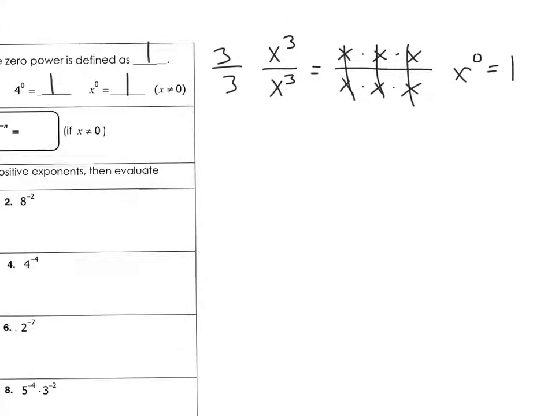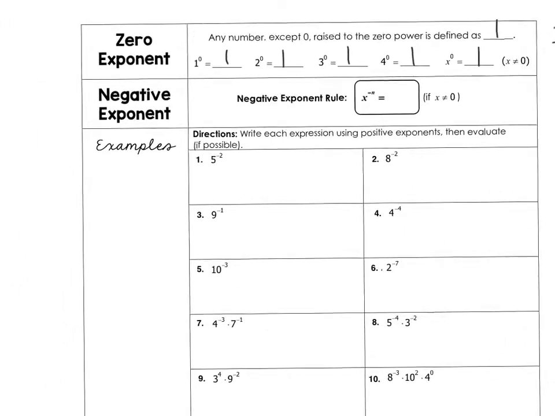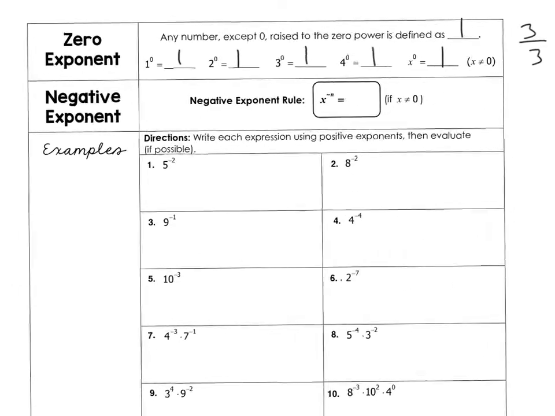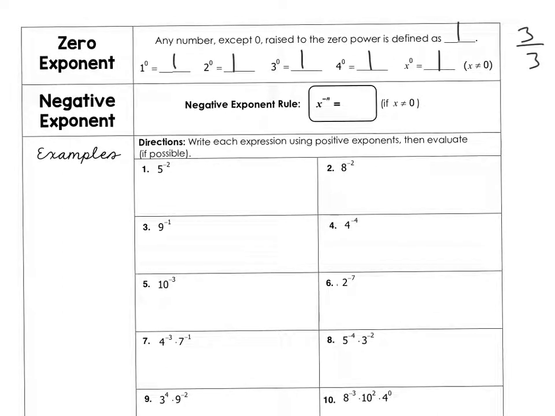So now, what about negative exponents? Negative exponents actually kind of work the same way, but it's kind of weird to look at. What ends up happening with negative exponents is when you have x to the negative nth, you're actually ending up with 1 over x to the n power, as long as x does not equal 0.